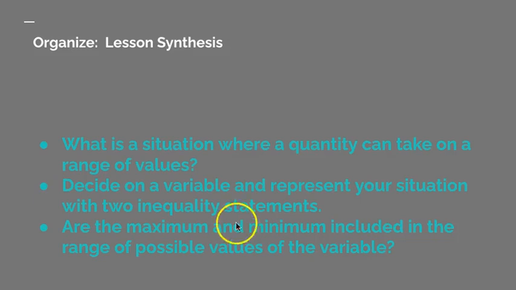So, if you did a variable, you would have to have with your inequality some sort of maximum and minimum, right? And you may just have a maximum, you may just have a minimum.